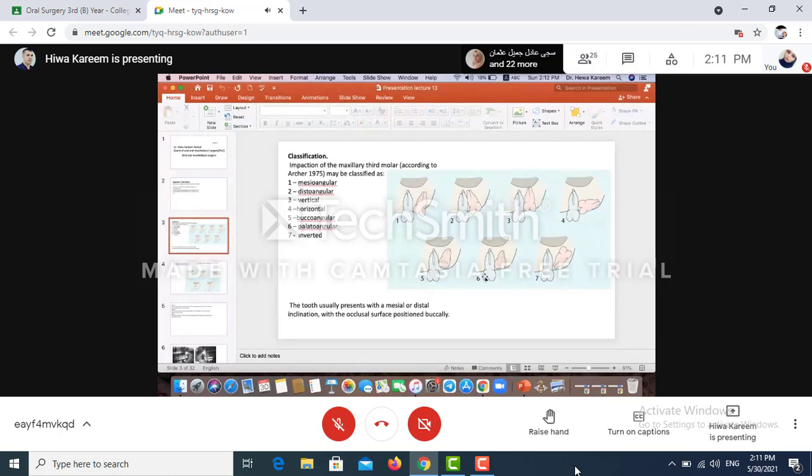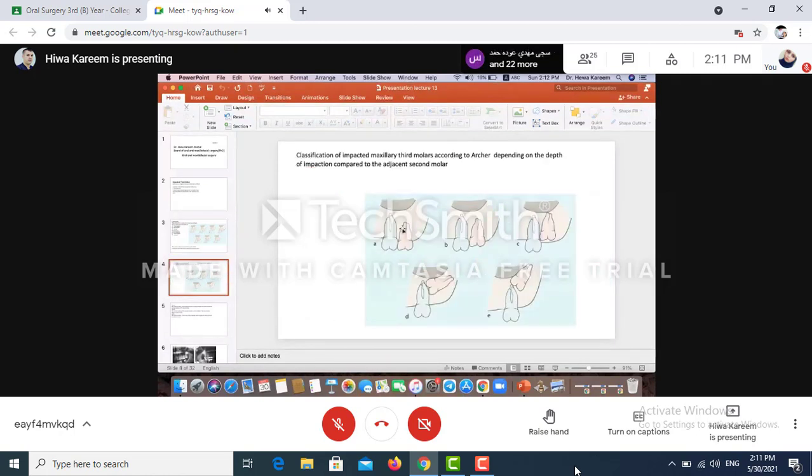This is the first classification. And the second classification, according to Archer, is like the classification of Pell and Gregory for the lower third molar. Class A: we compare the occlusal surface of the third molar to the occlusal surface of the second molar and the cervical line.